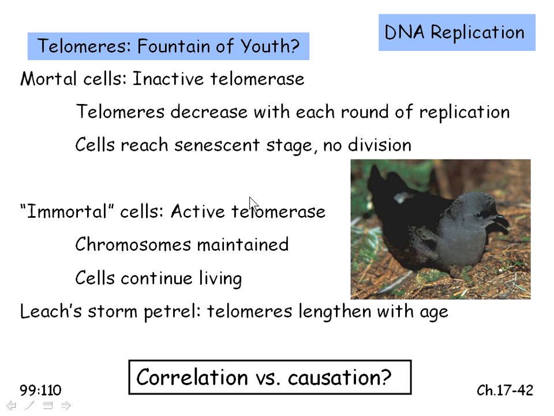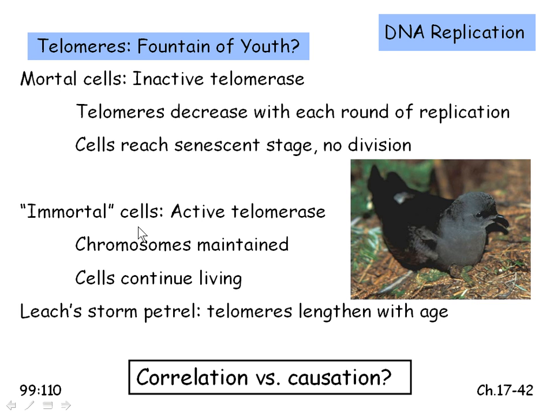And telomeres thus would decrease with each round of replication. Eventually, as the telomeres decrease and it gets closer and closer to chromosomes, the cells would begin to reach what's called the senescent stage. This is a stage where they basically stop growing and they don't divide anymore. And the cells essentially, you might say, they aren't alive.